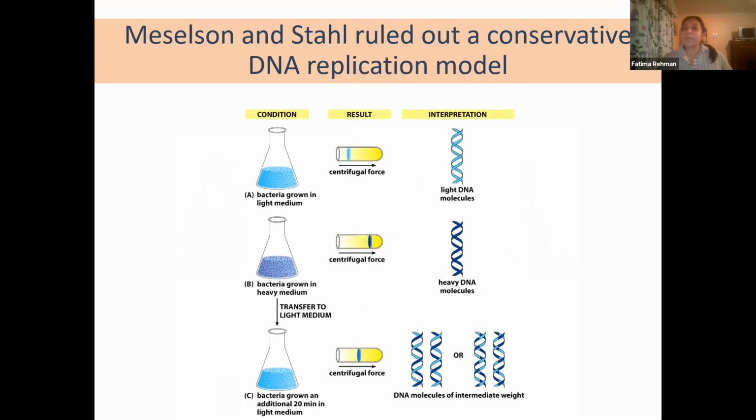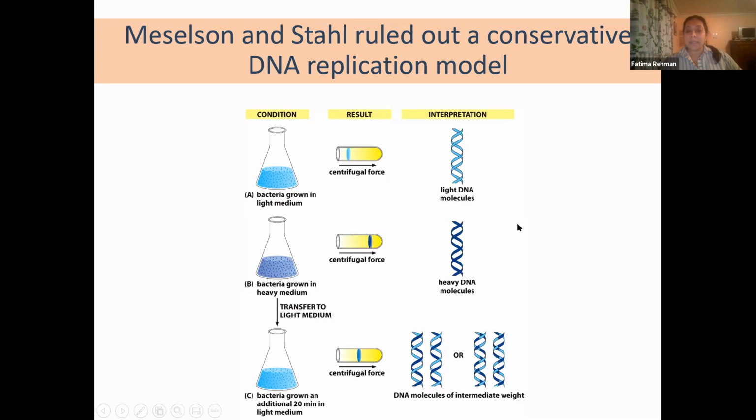Okay, so now this was done by Meselson and Stahl. What they did was they took bacteria and grew them in light medium, and they got the results, so they knew where it landed. They found that the DNA is all at a particular level.